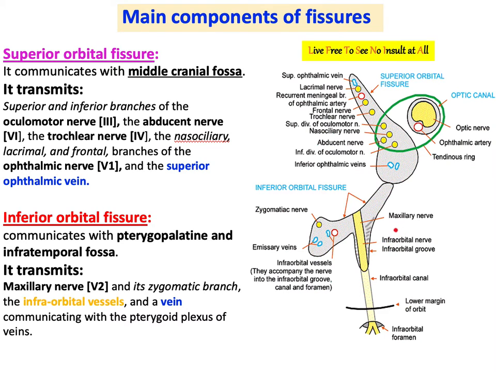Now, the components of the superior and inferior orbital fissures are very important. You have to know what passes not just in the superior and inferior orbital fissures, but also in the optic canal. But for now, let me remind you with this.